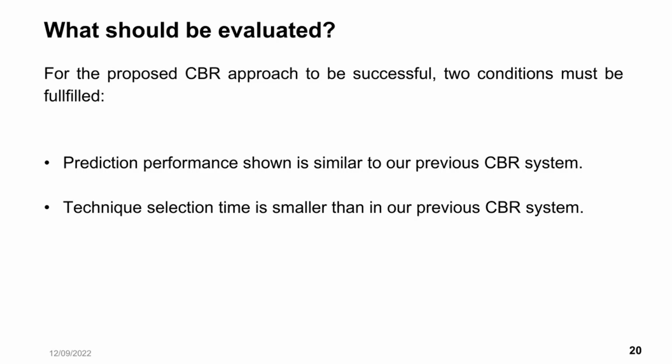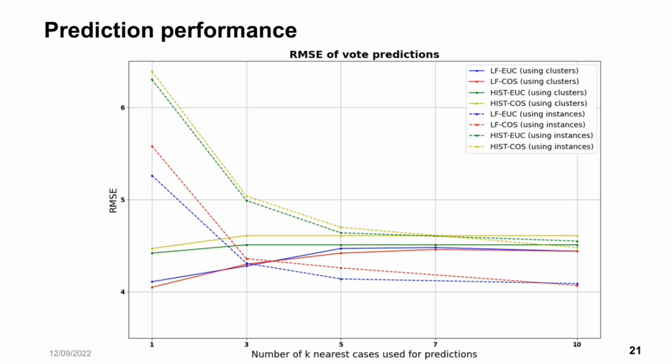But our method does not hold any value if this does not work. The CBR approach needs to fulfill two conditions. First of all, that prediction performance shown in our new CBR process is similar to our previous CBR system, and that technique selection time is smaller than in our previous system. Regarding prediction performance, this condition is fulfilled.